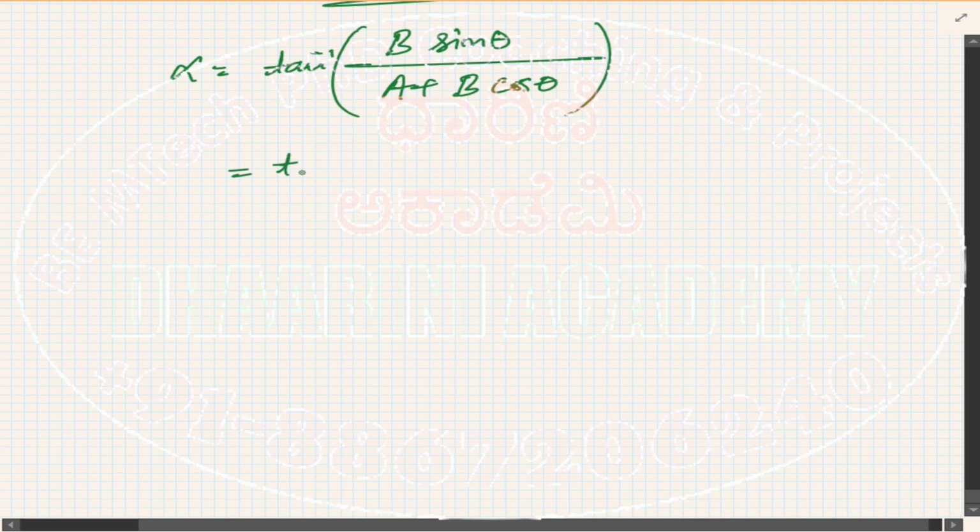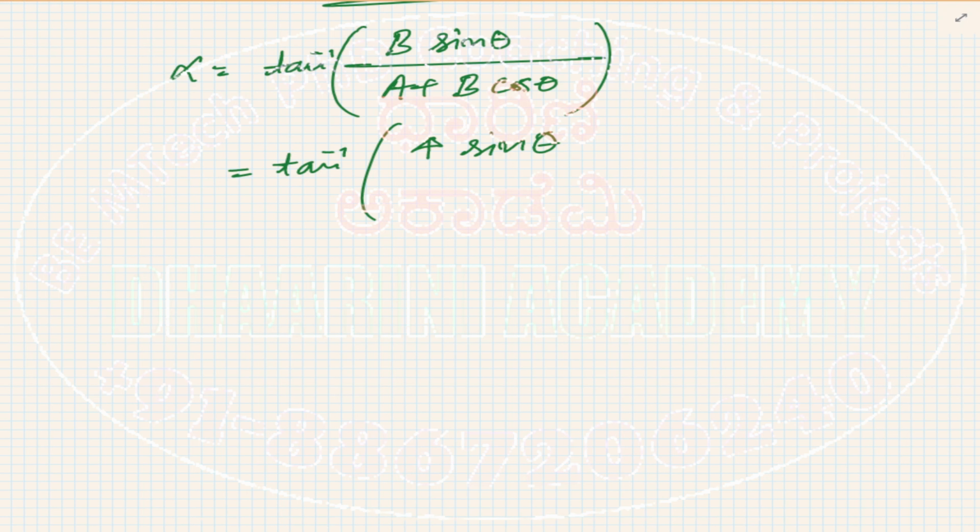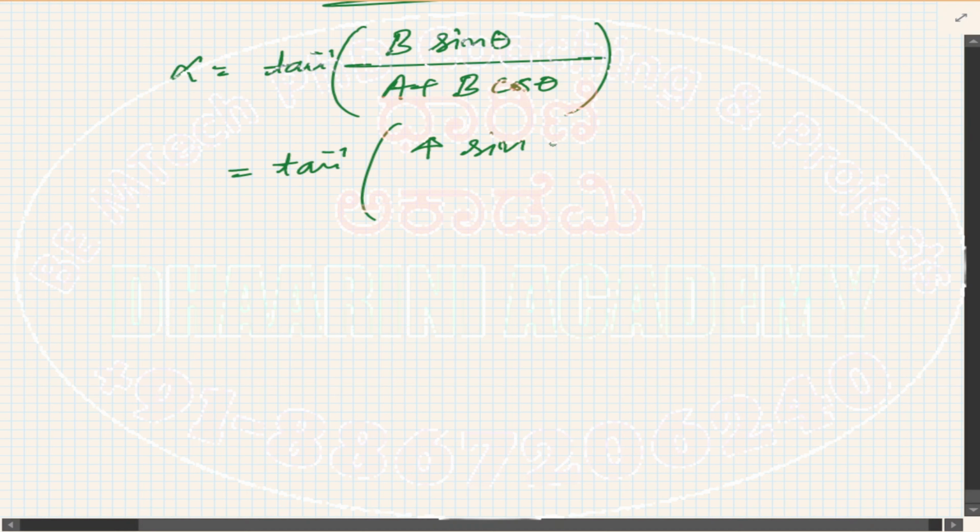So this is tan inverse of 4 sin 60 divided by 3 plus 4 cos 60.